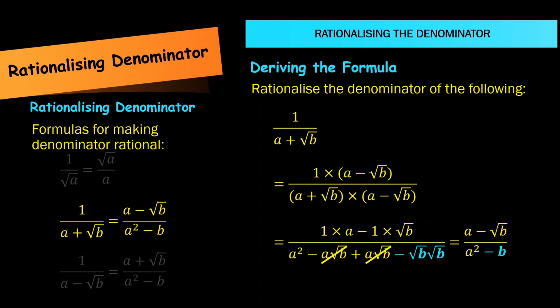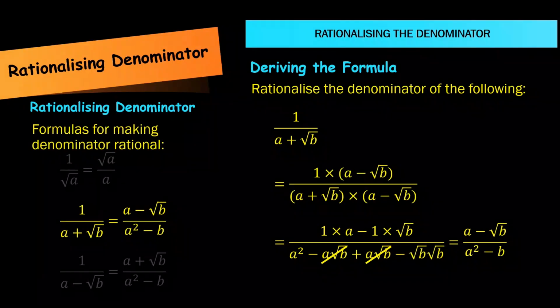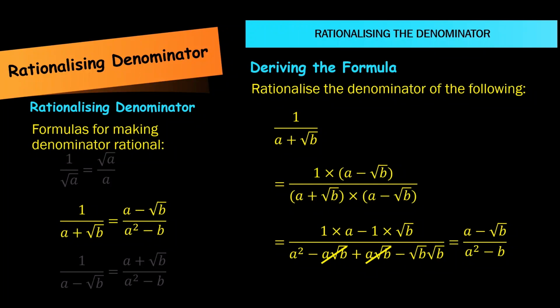And as you can see in the denominator, minus a root b has cancelled with plus a root b.